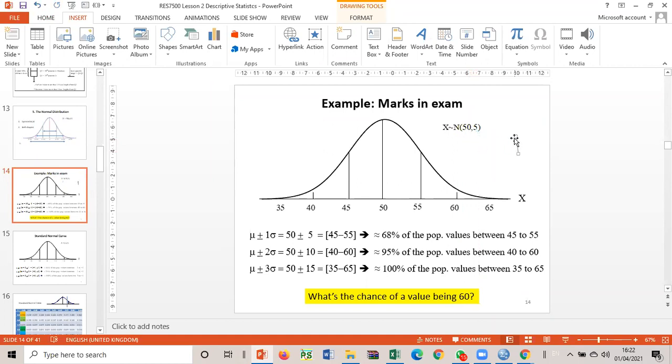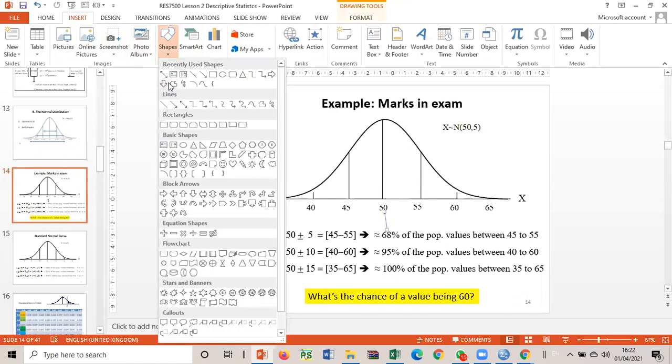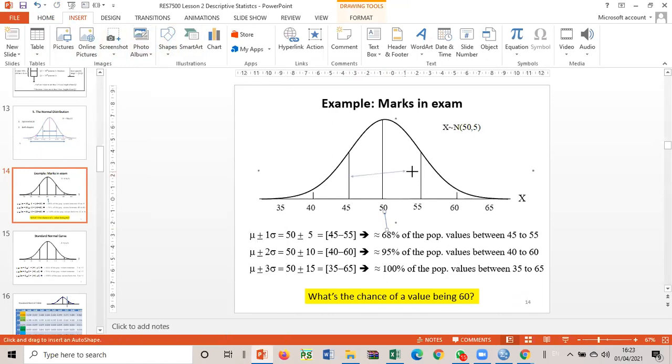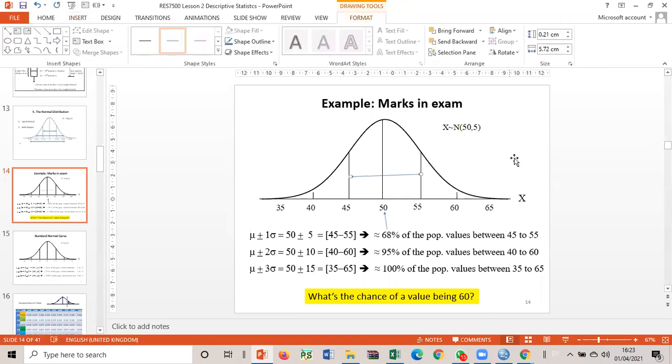So what does it mean? Where's the center? 50, right? Now, plus or minus 1 standard deviation, between 45 and 55, right?